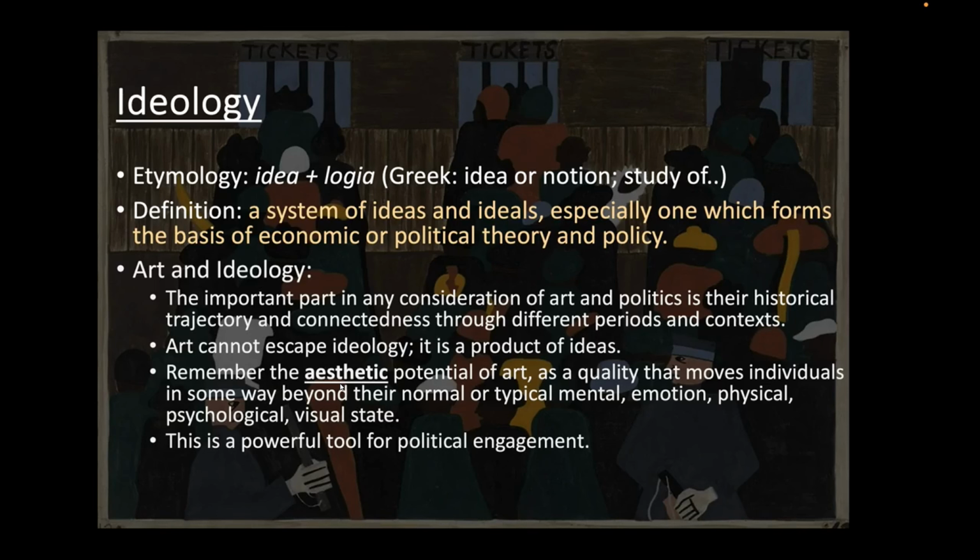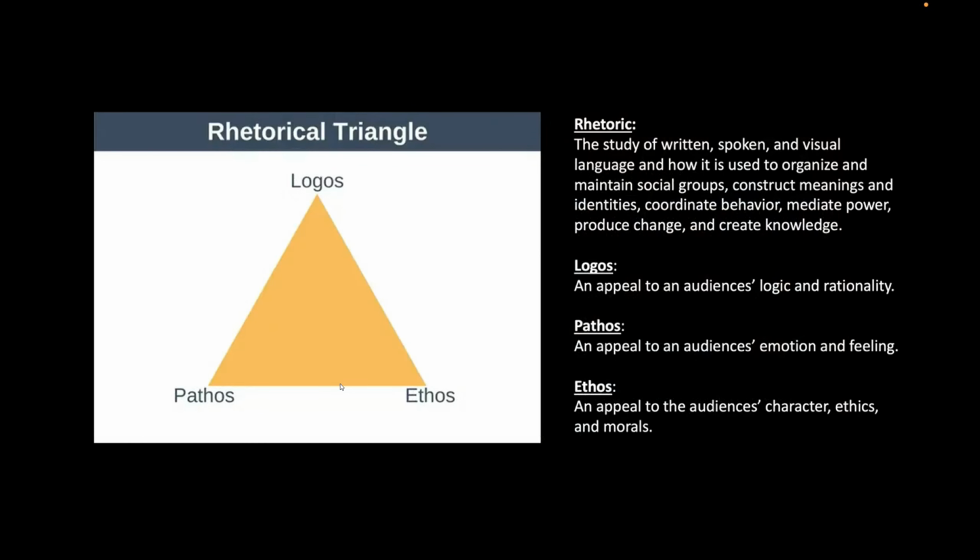So let's take a look at how something can persuade. How does ideology try to present an argument that it wants you to engage with? Well, it has everything to do with rhetoric. And hopefully some of you, maybe all of you, have seen this triangle before, most likely in an English or writing class. It's a very common thing to be taught when you're learning how to write an essay, and that is the rhetorical triangle.